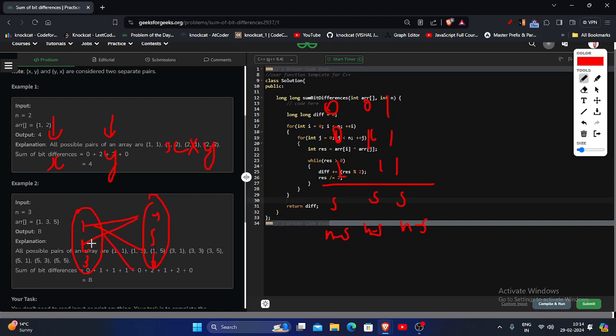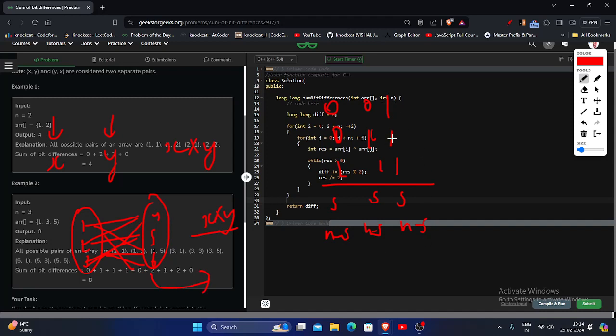This 2 can again pair up with these 3, and this 3 can again pair up with these 3. That means the total number of pairs we can form, the Cartesian product, is x cross y, isn't it? Now, how can we use this observation here?